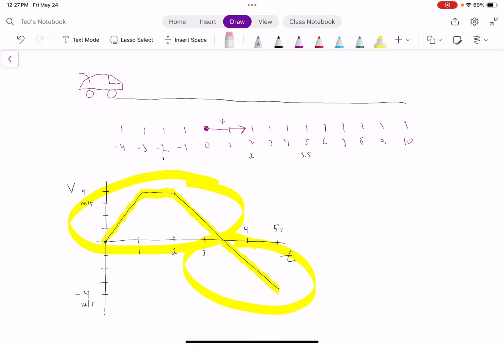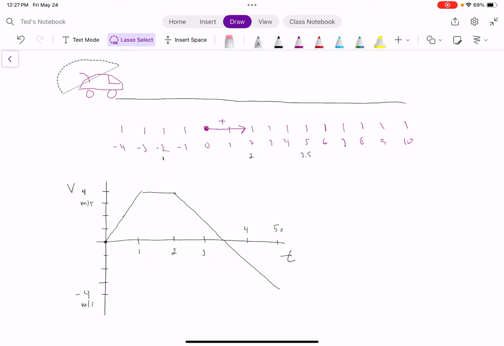So let's see what this would look like moving our little car around. I'm not saying that this is going to be perfect, but let me fix this graph. All right, so this car starts out at rest and then speeds up to 4 meters per second.